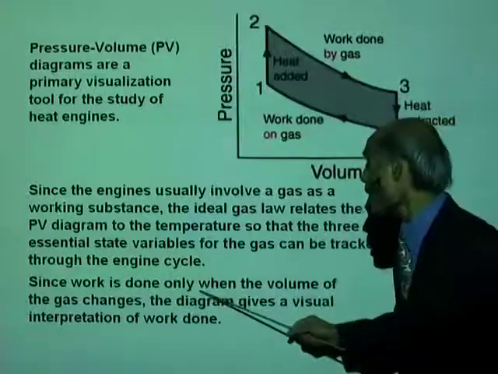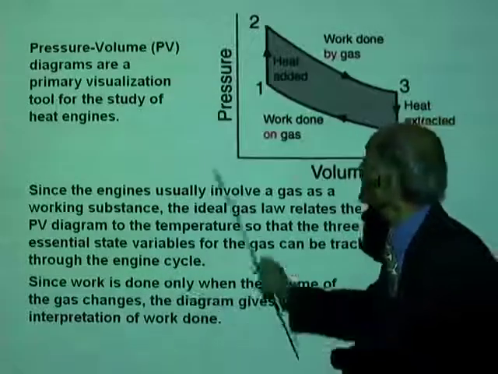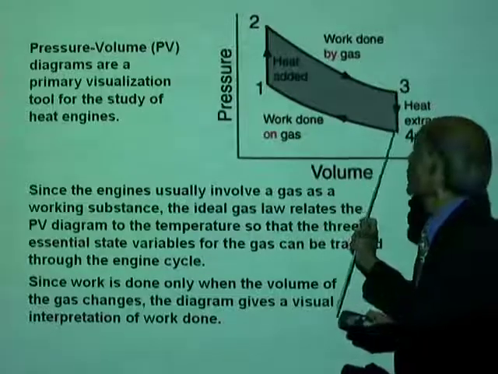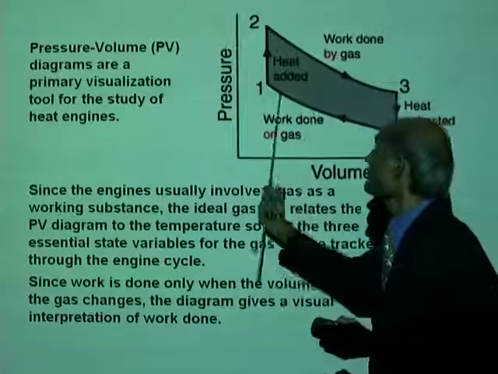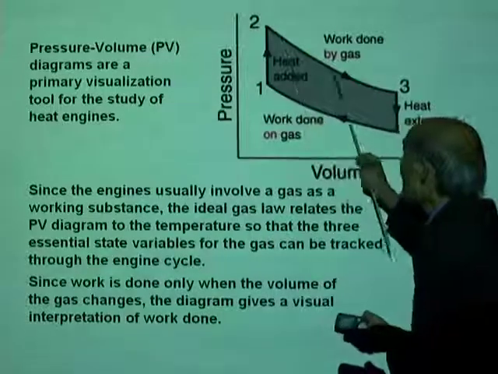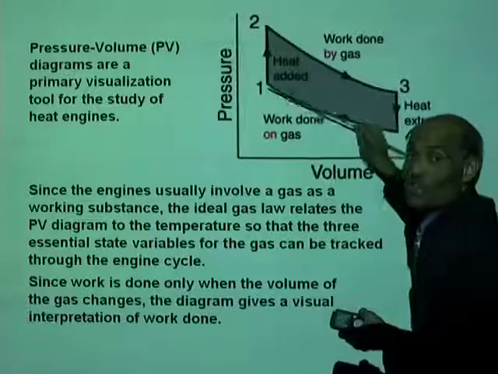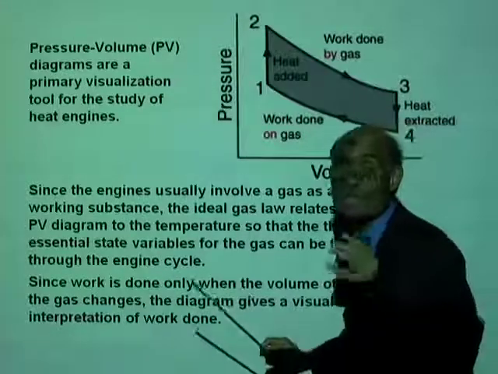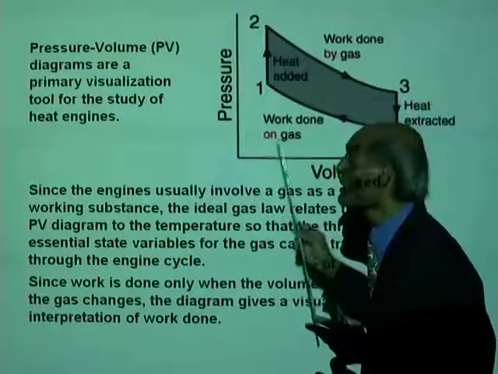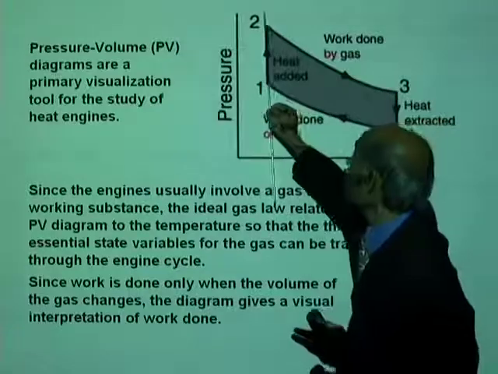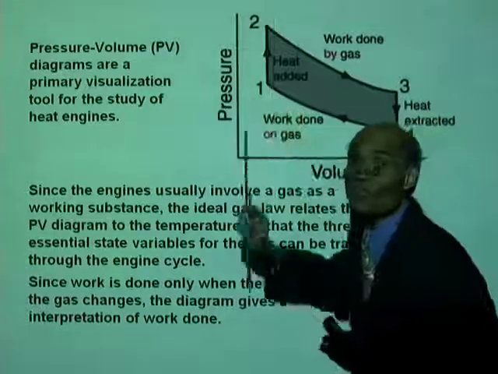Since work is done only when the volume of the gas changes, work is done at 2 stages. Work done on the gas, the volume changes. Work done by the gas, the volume changes. These are the only stages when the work is done. Remember, work is PdV. When there is no volume change at this stage and at this stage, there is no work done.